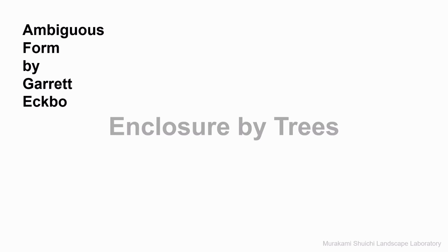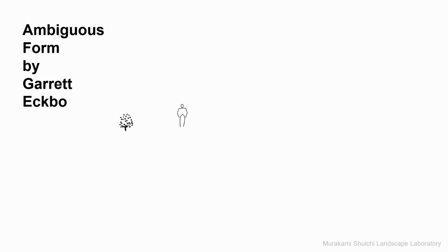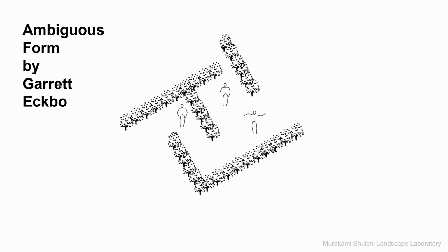This design approach is inspired by the work of Garrett Eckbo, one of the leading landscape architects of the 20th century. Eckbo sought to define spatial units in outdoor environments such as parks, using trees as spatial enclosures. He arranged low shrubs in linear sequences, treating them as walls, and placed them orthogonally with deliberate gaps.